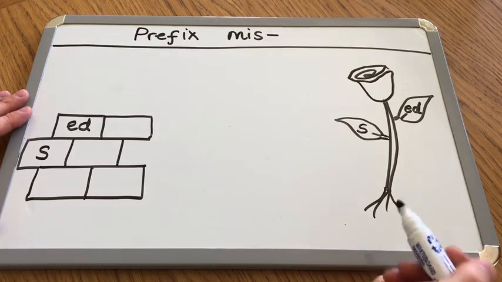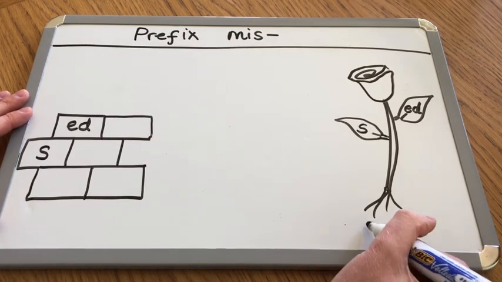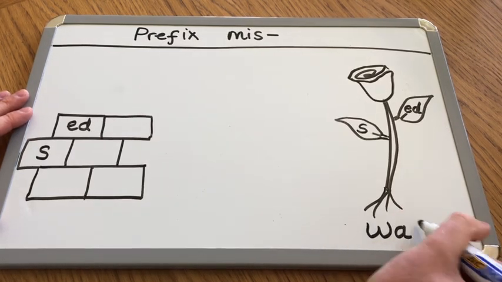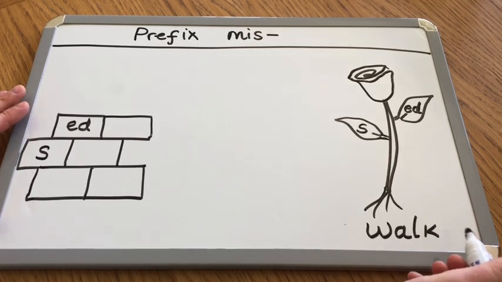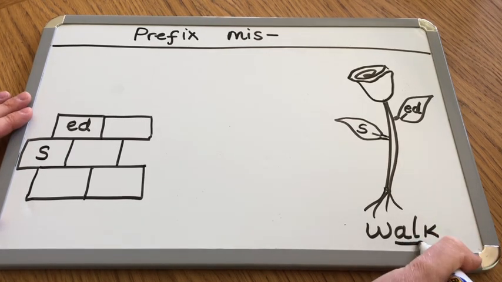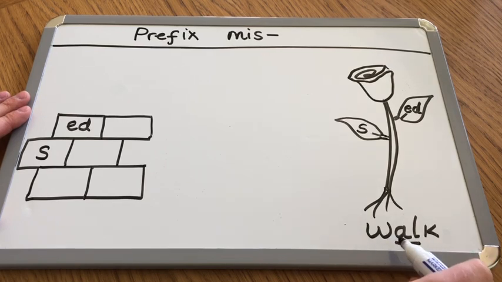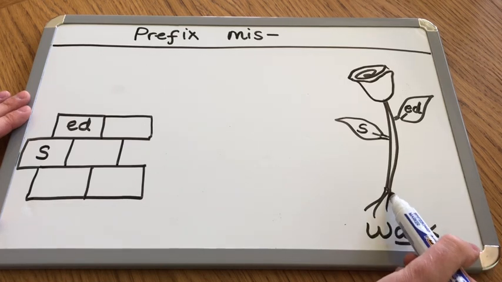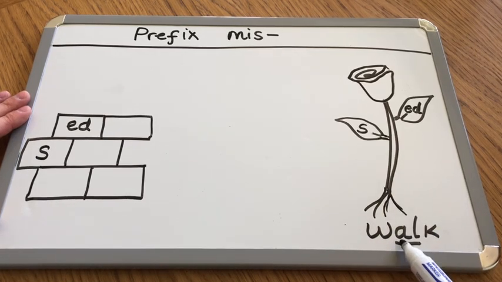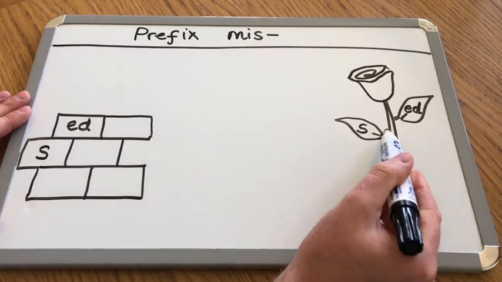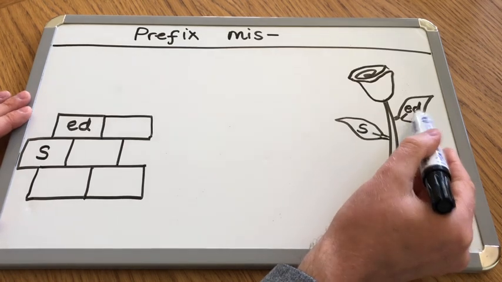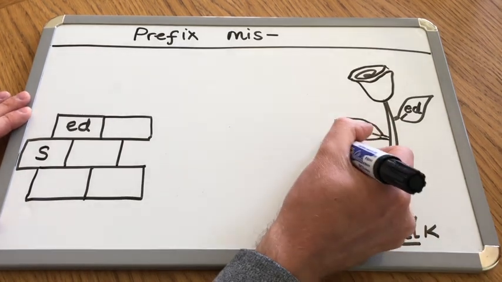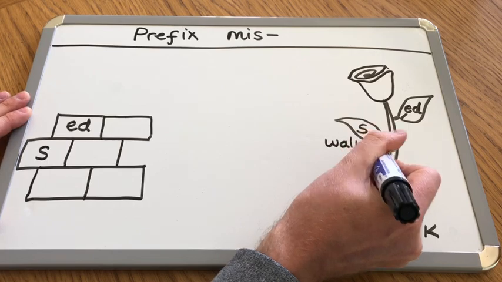Now let's have a look at an example of the word walk. Now remember that or phoneme in the middle is spelt with the grapheme AL. So it's walk, walk. Now this word walk is the root word. We can grow the word by adding these suffixes. So walk can become walks.